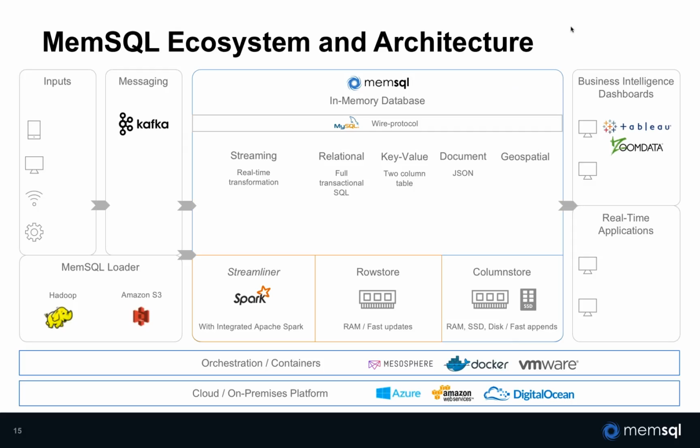Thus, with MemSQL, we can ingest from real-time data sources, an example of which is shown here in Kafka, as you can see on the left, process that in MemSQL, and serve that to, if you look at the right side of the slide, business intelligence dashboards such as Tableau, Zoom Data, etc., and real-time applications that are built on top of SQL. And underneath, you can see that MemSQL can run on various orchestration tiers and containers on the cloud or on premises.